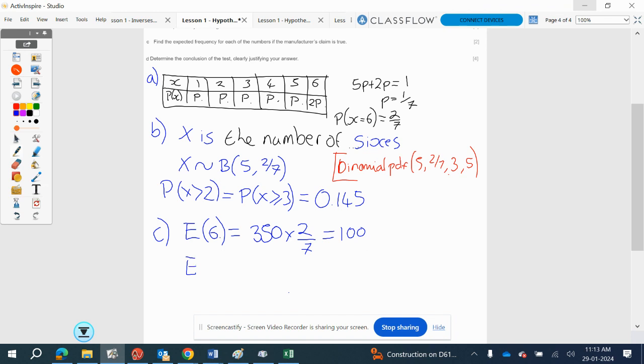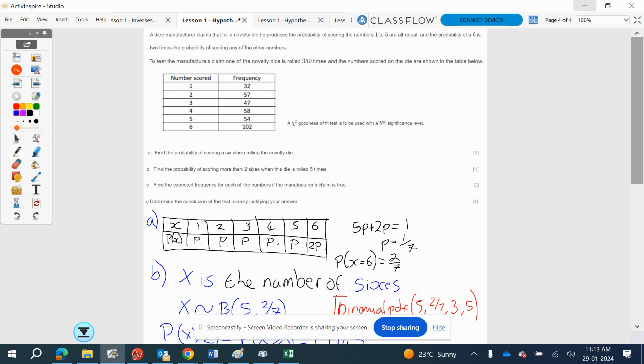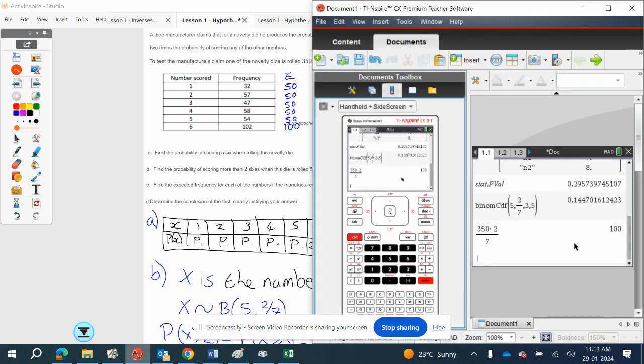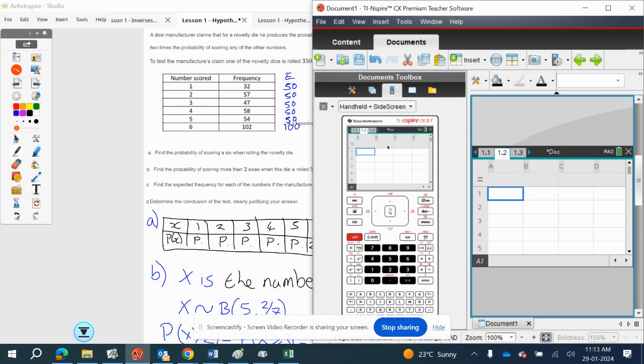The expectation of any of the other ones, such as a 5, is going to be 350 times 1/7, so the other ones are all going to be 50. So the expectations are 50, 50, 50, 50, 50, 100.